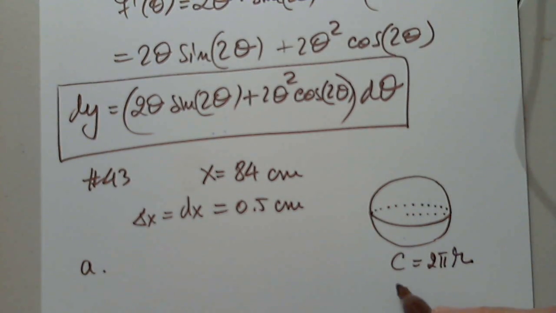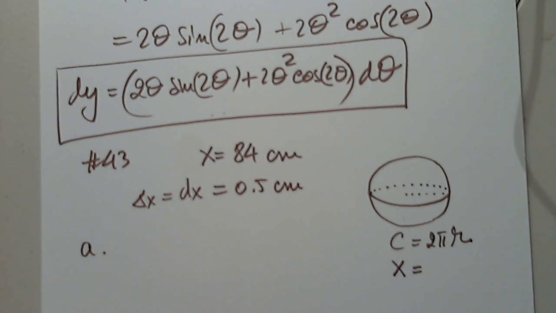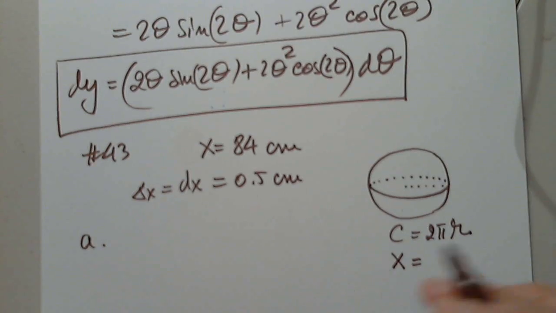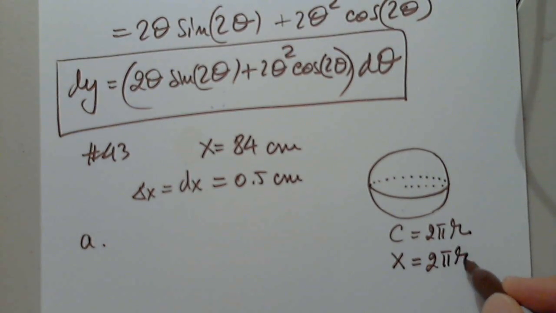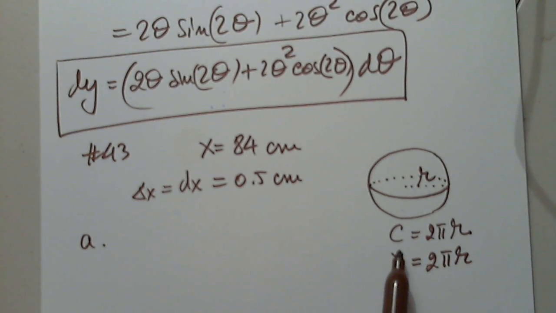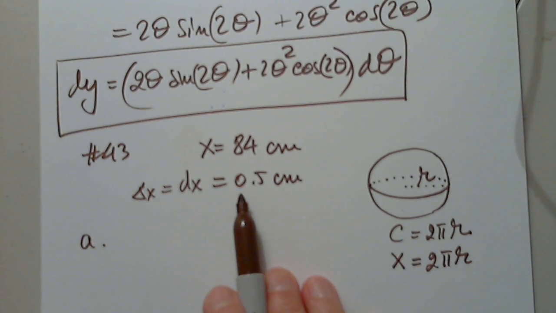We are going to write x now because we decided that our circumference is denoted by x. Nothing wrong with it. 2 pi r, and this is r. Okay? So they're telling us that the circumference has an error of 0.5.